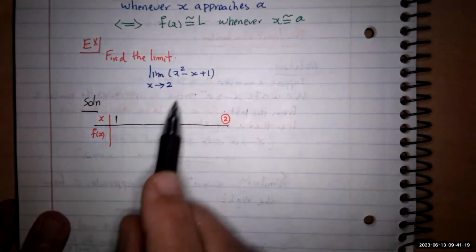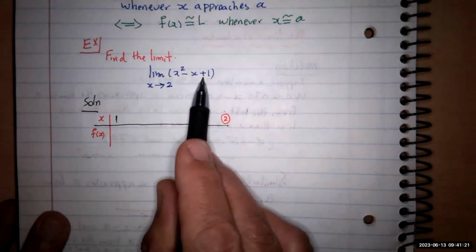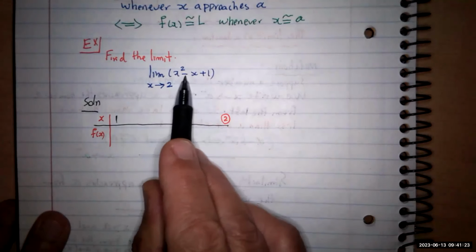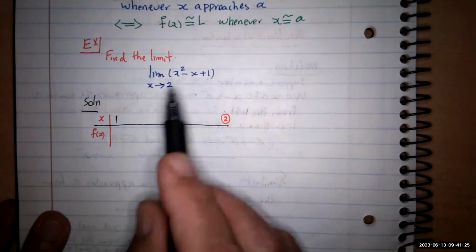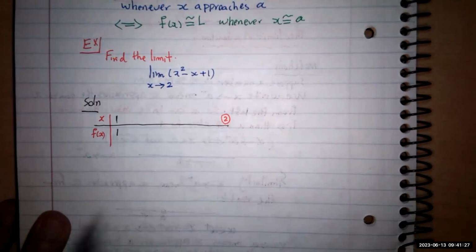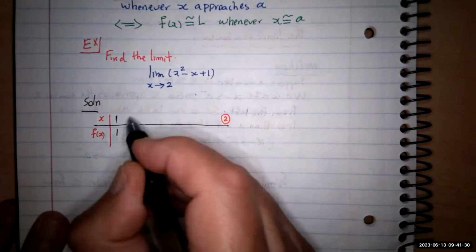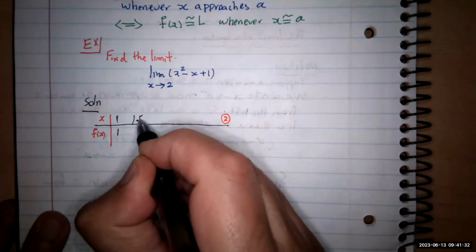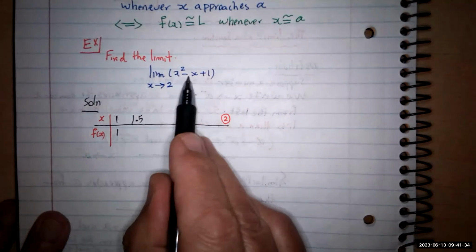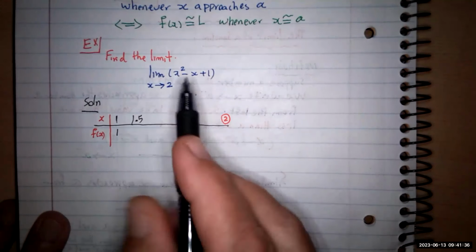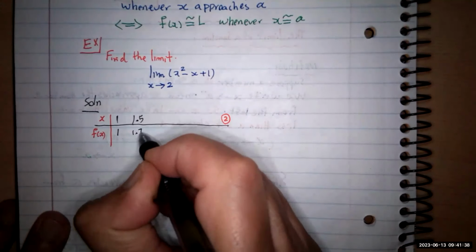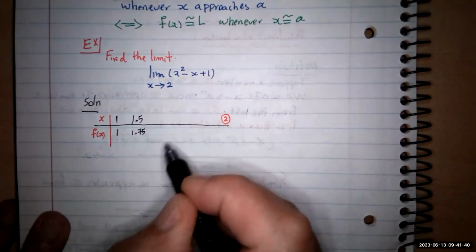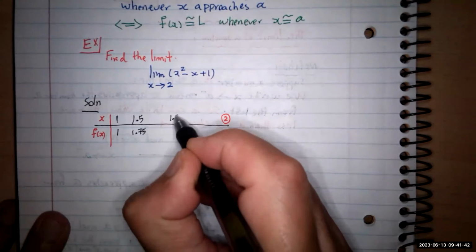So I start with the 1. You have to use your calculator to substitute here. If you put the 1 here and you substitute, 1 minus 1 is 0, that gives you 1. You get closer to the 2. 1.5, you substitute with the calculator, that gives you 1.75. Getting closer, something like 1.9.